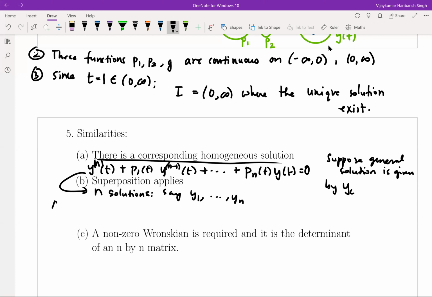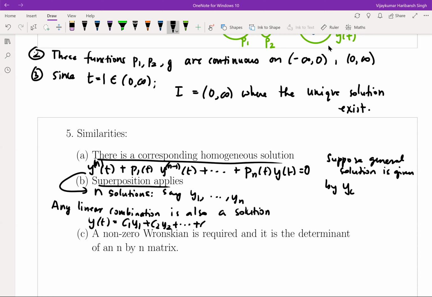Then any linear combination is also a solution. That is because of the superposition principle. So y of t equals c1 y1 plus c2 y2 until cn yn is also a solution.